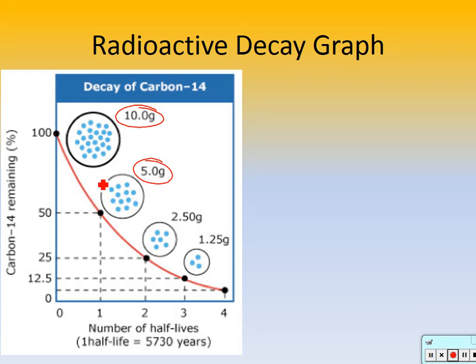So that's 1 half-life. That's half of it. Another half-life would get you to how many grams? 2.5 grams, because 5 divided by 2 is 2.5. And another half-life. So that's what we're going to be doing, making and being able to interpret graphs like this.